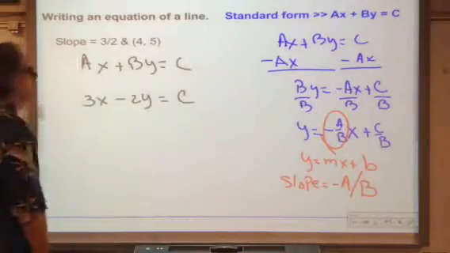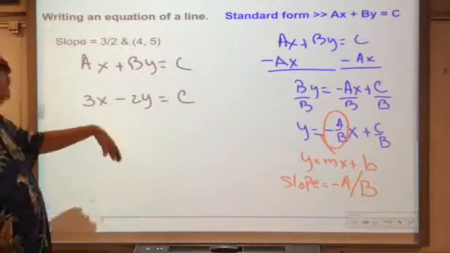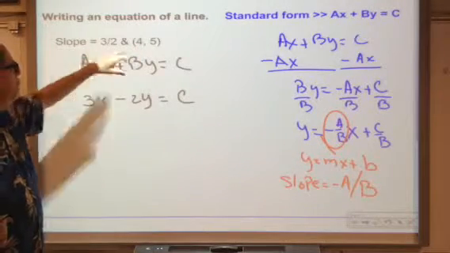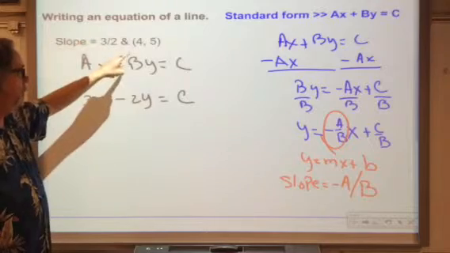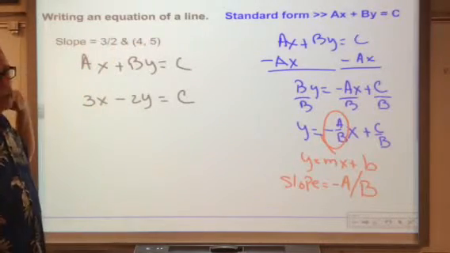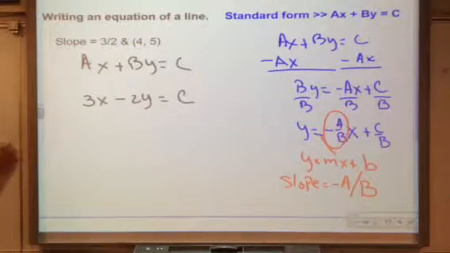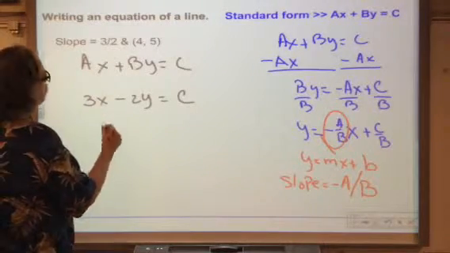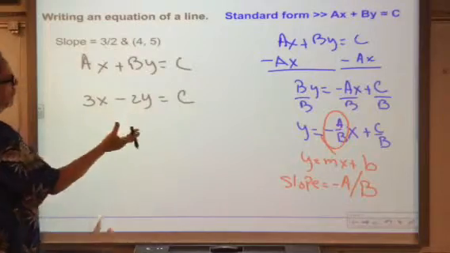Well, I can find that out real easy. Here's a point that's on the line. We have to have a slope and a point. And we should know that every point on the line will make the equation true. So all I have to do is substitute in the 4 and the 5 for the x and the y.